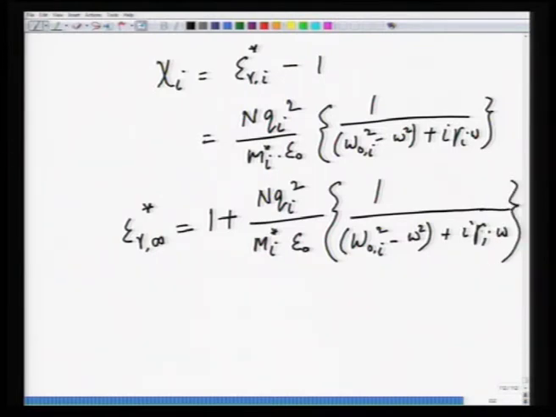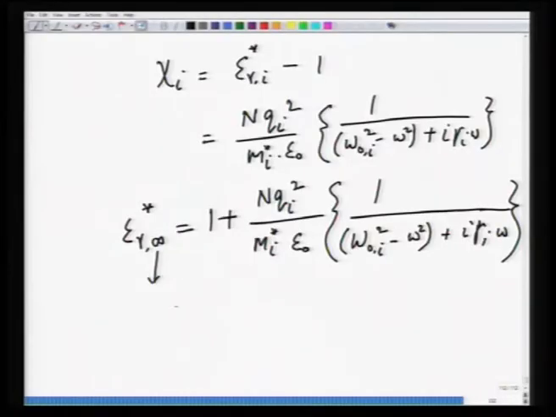So, this is the expression for your dielectric constant. Now, this infinity term basically implies that we are taking susceptibility as well as dielectric constant at frequencies below the resonance frequency, which means they are static. So, as we looked earlier, the dielectric constant curve looks like something like this.